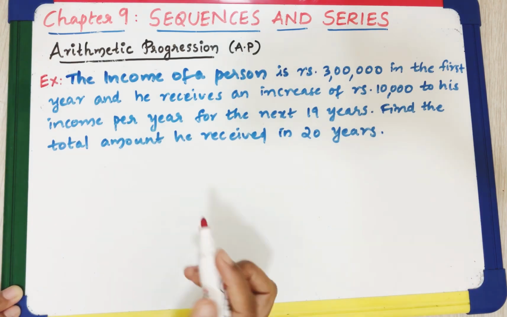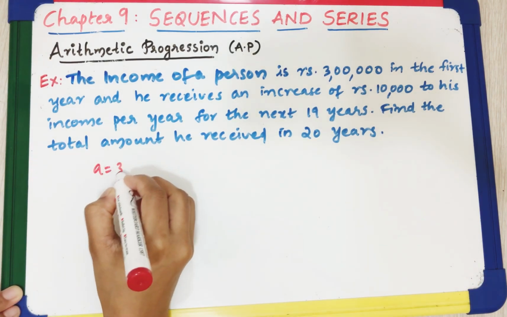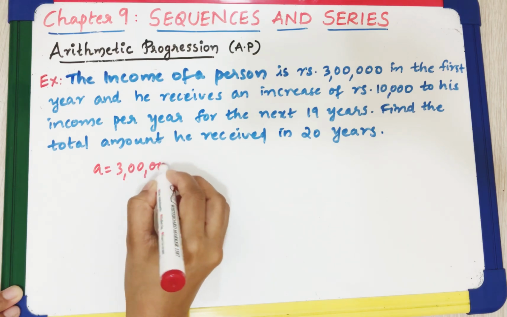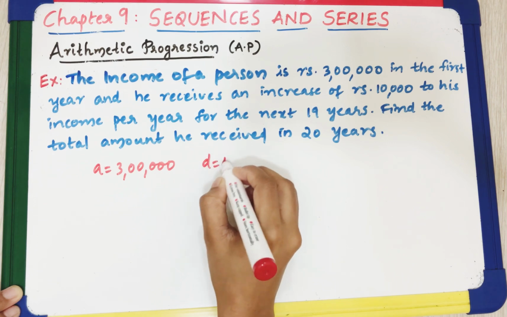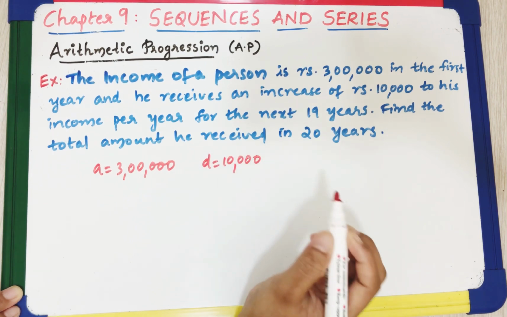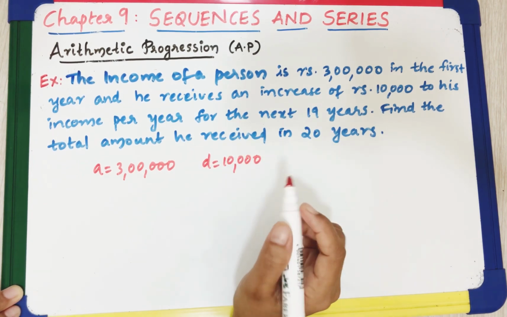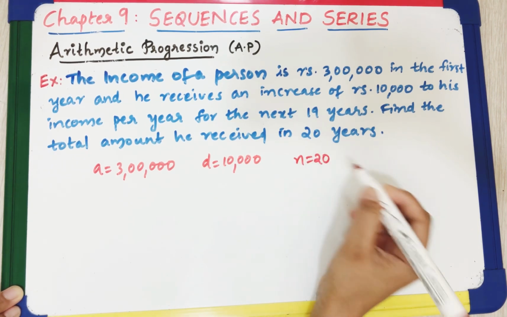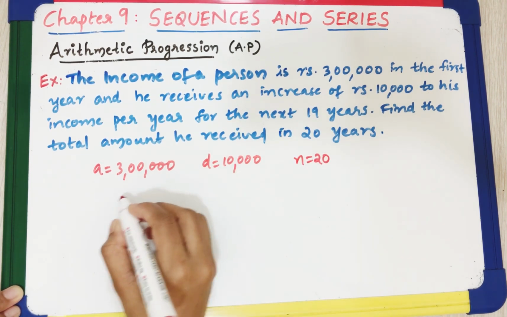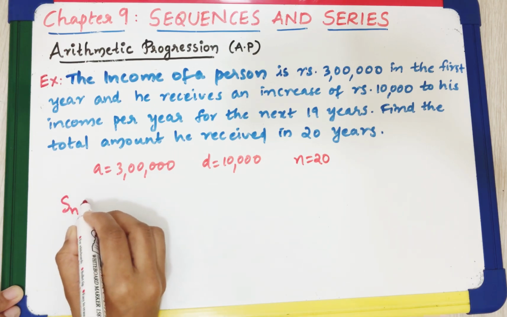So here a is equal to 3 lakh and d is equal to 10,000, and we have to find Sn for n equal to 20 years. So we have to find S20.